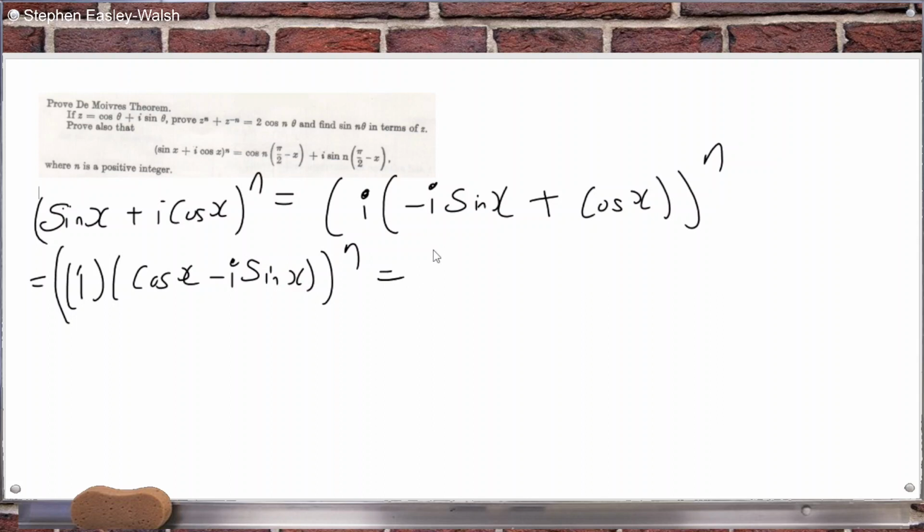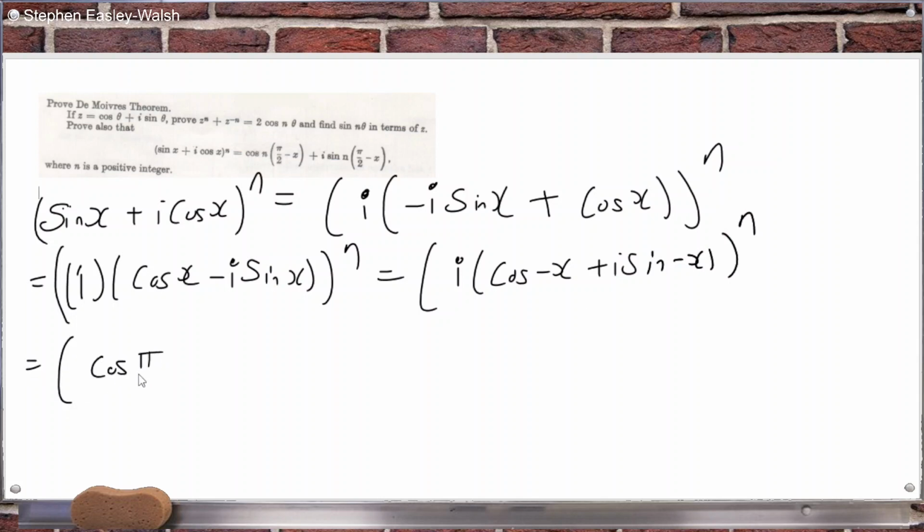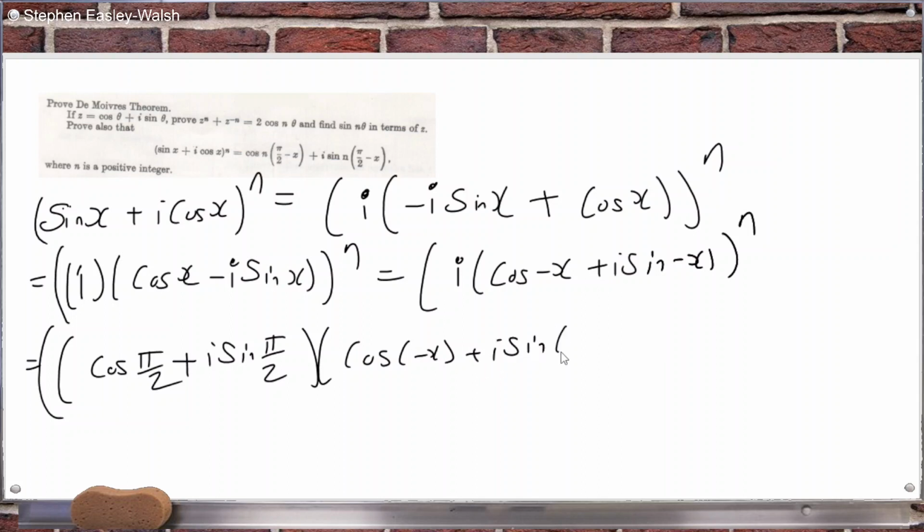And again, using the fact that cos is even and sine is odd, that can be written as (cos(-x) plus i sin(-x))^n. We'll write i in polar form. That's cos π/2, which is 0, plus i sin π/2, which is 1, i. And then that's multiplied by cos(-x) plus i sin(-x).